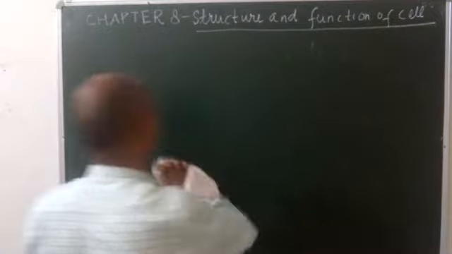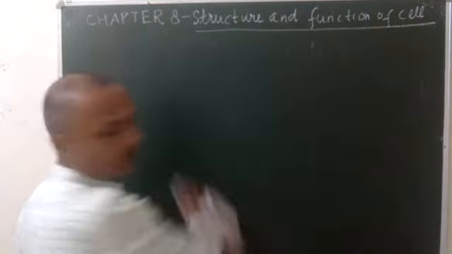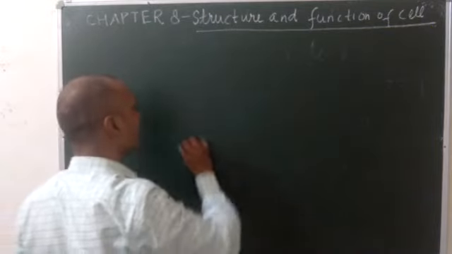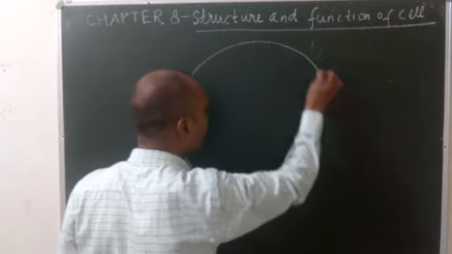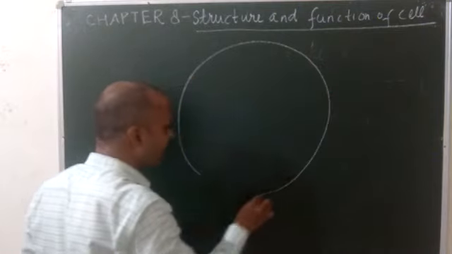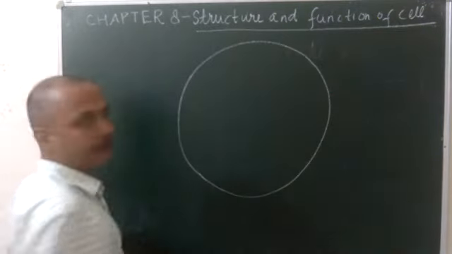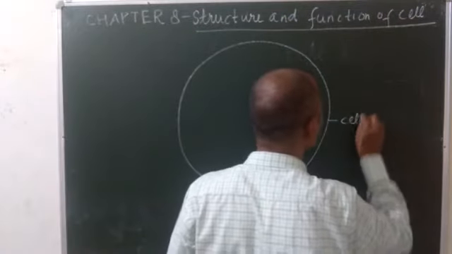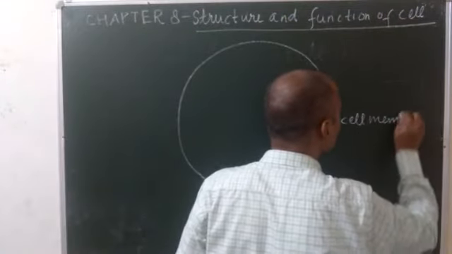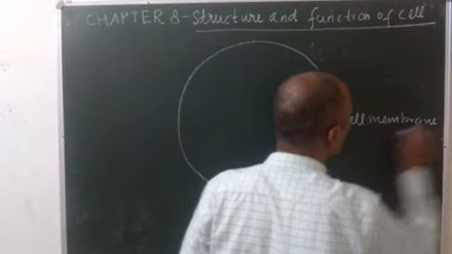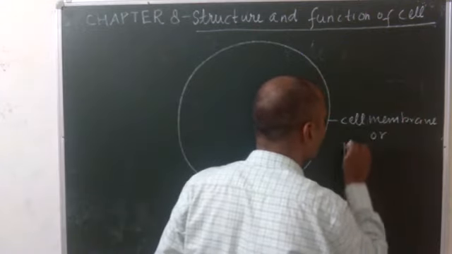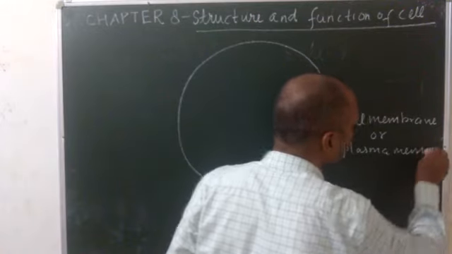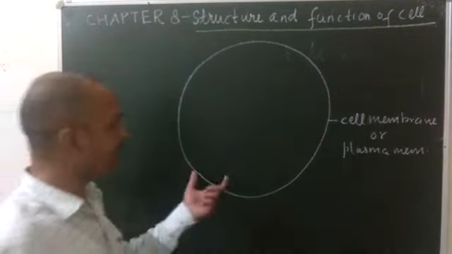Each cell, you know, is the basic unit of all living organisms. When you draw a basic cell, you will find that each cell is surrounded by an outer boundary. This boundary is known as the cell membrane, also known as the plasma membrane. So what is the cell membrane? It is the first part.